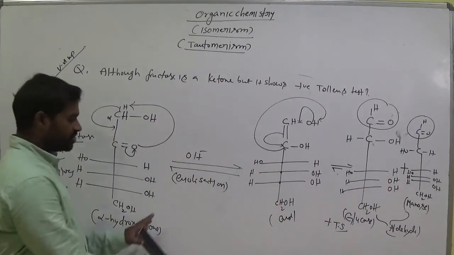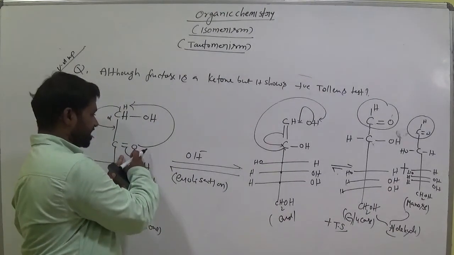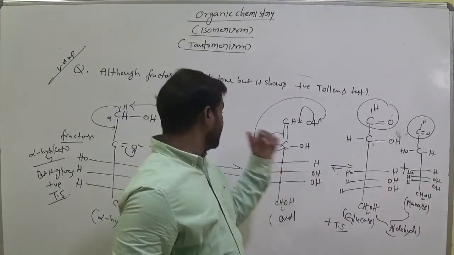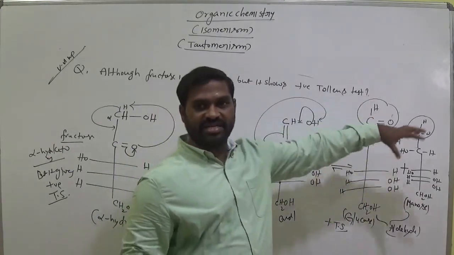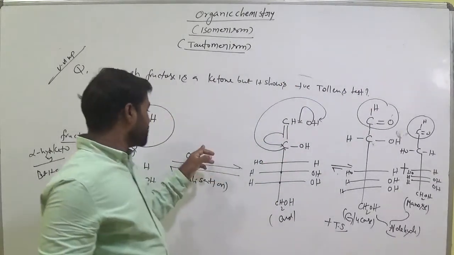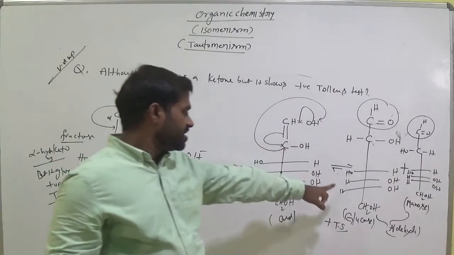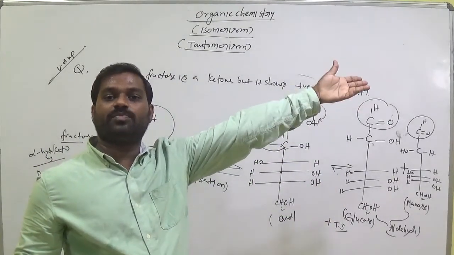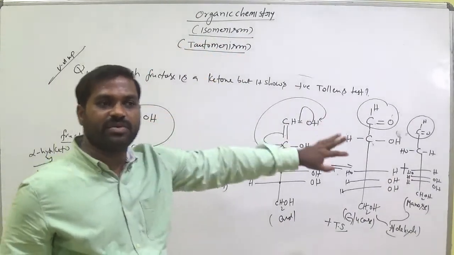What is the reason? Due to enolization, the keto group is converted into an aldehyde. Due to this phenomenon, the keto group is converted into an aldehyde in the test tube. When we add Tollens reagent, in the presence of base it is converted into this aldehyde, and the aldehyde interacts with Tollens reagent. It gives a positive Tollens test, that means a black precipitate.